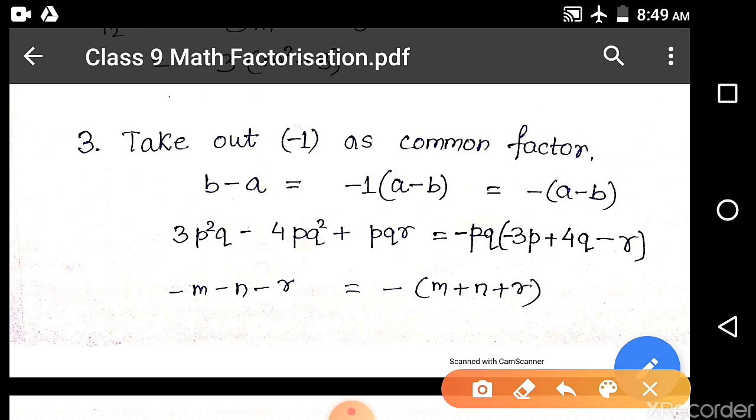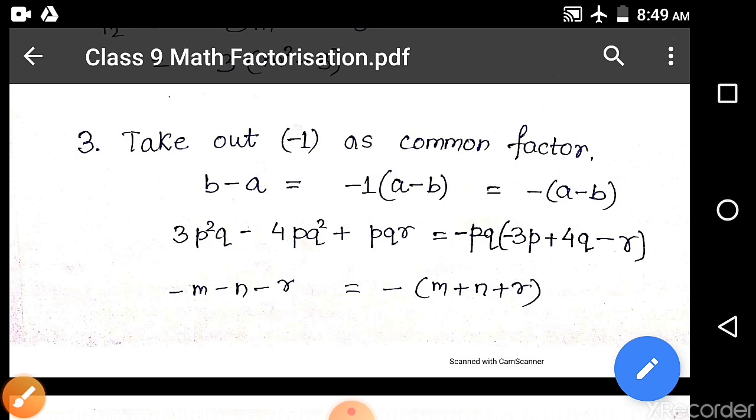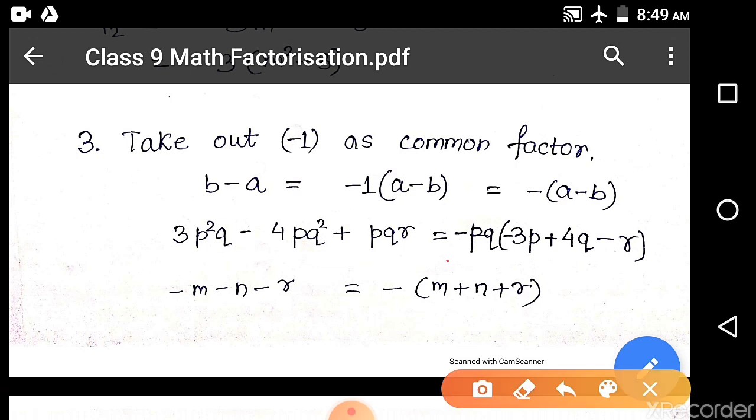See this example. We have 3p square q minus 4pq square plus pqr, and just see what common factor can be taken out from this. See, pq is present here, pq is also present here, and here too. So pq can be taken out as a common factor. But as we are considering taking out the minus sign as a common factor, if minus is also taken out common with pq, I have taken out minus pq as a common factor.